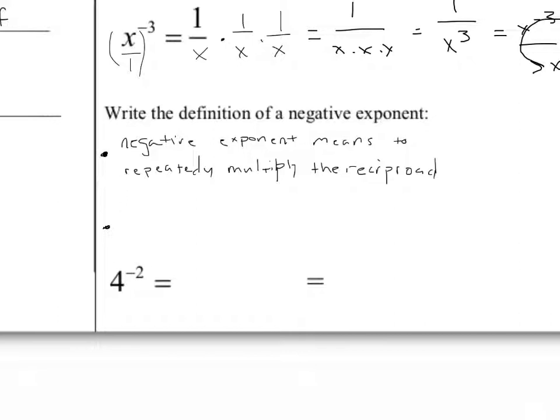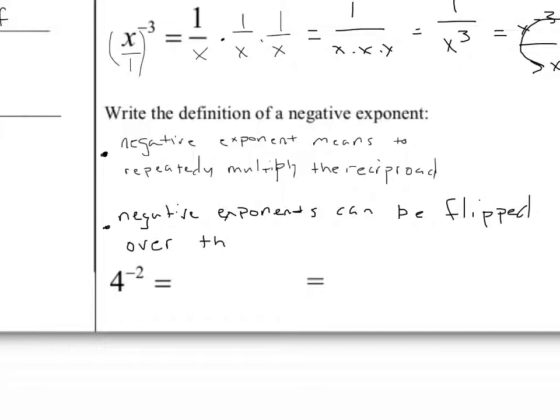Another definition we can say is negative exponents can be flipped over the fraction bar to be positive.